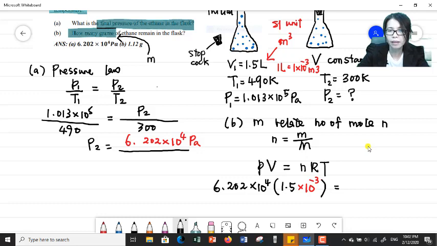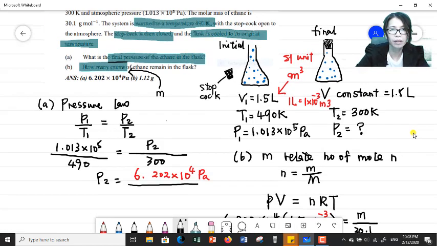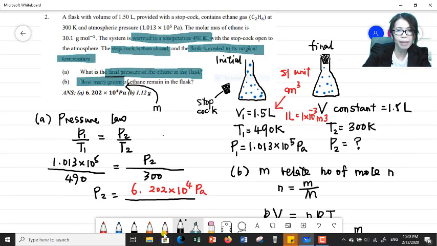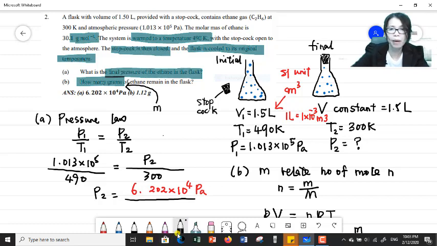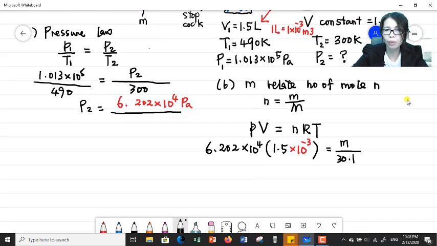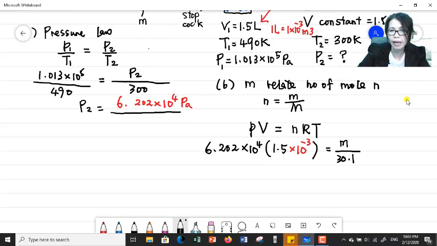Then the molar mass I relate with the mass I want to determine. So I have mass over molar mass. The molar mass will be 30.1. Be aware the molar mass is in gram per mole, but when we do the calculation, our mass is in kg, so we need to do unit conversion. Times 10^-3, we change gram to kg.